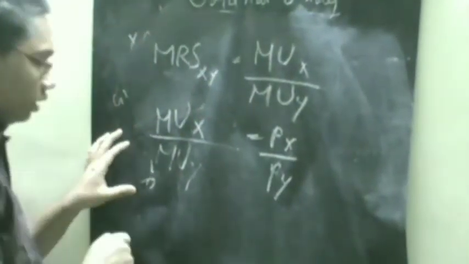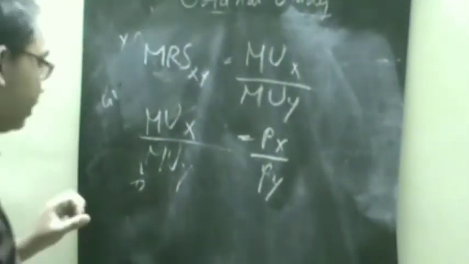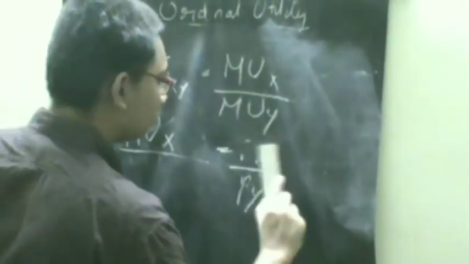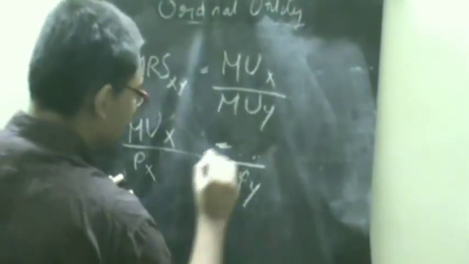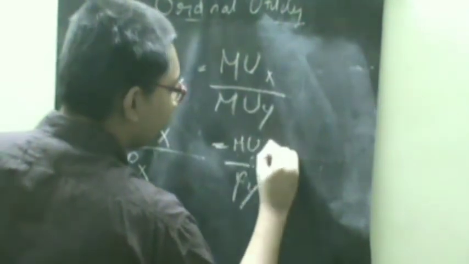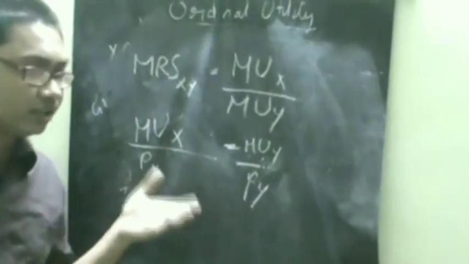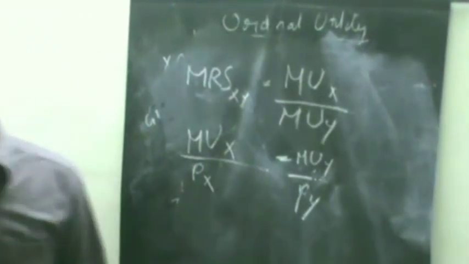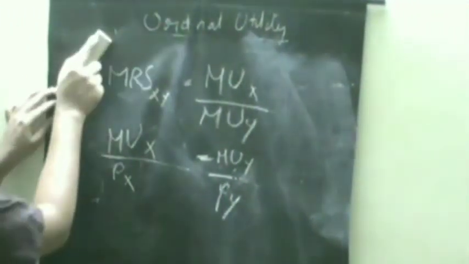Now we are cross multiplying, and MUX by Px is equal to MUY by Py. What is this? This is the condition for equilibrium under the cardinal utility approach. This is how the two approaches are related.